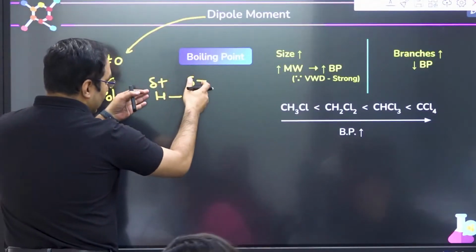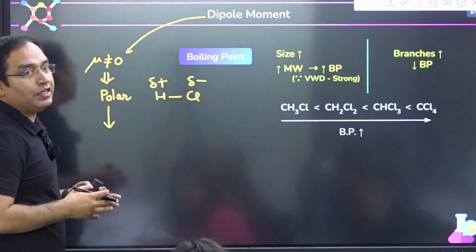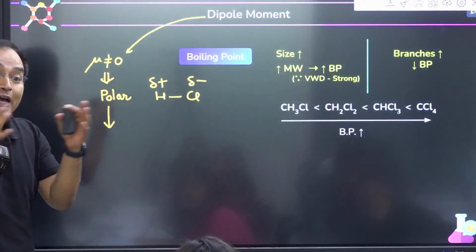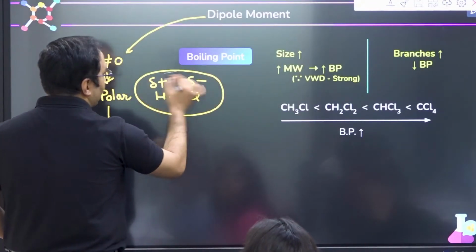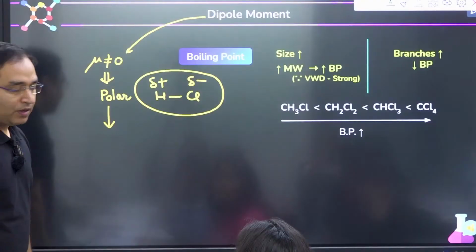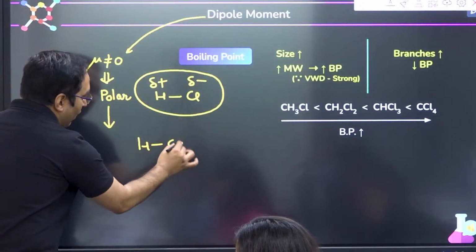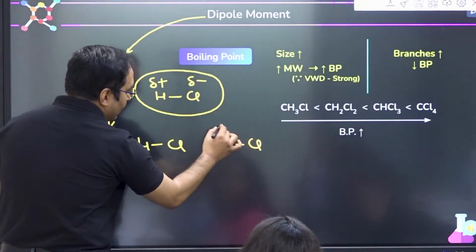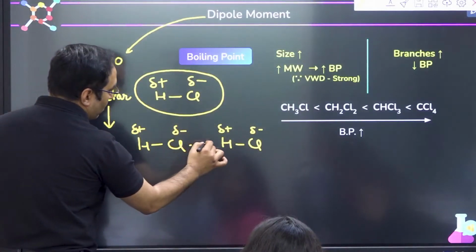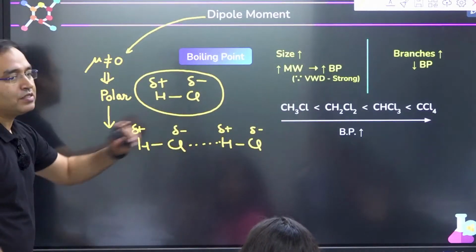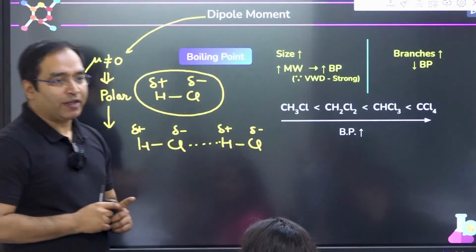If you bring another HCl, these will interact with each other. When they interact, it's called dipole-dipole interaction. Di means two, pole means plus and minus charges. And this interaction is named as dipole-dipole interaction.